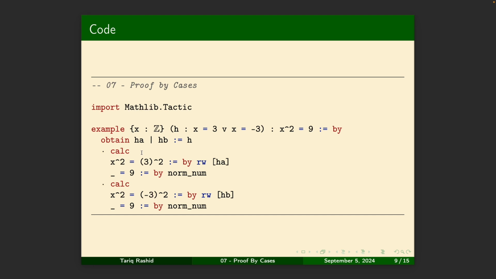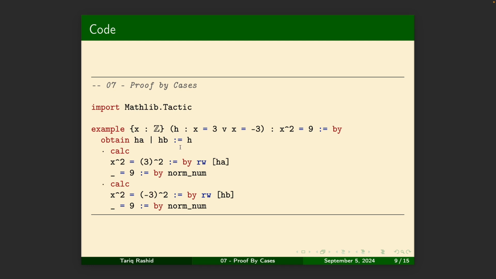But given that we've already talked about the maths idea behind proving this, you can guess what this does. It takes the hypothesis and splits it into two cases, and they become the intermediate, temporary hypotheses, ha and hb.